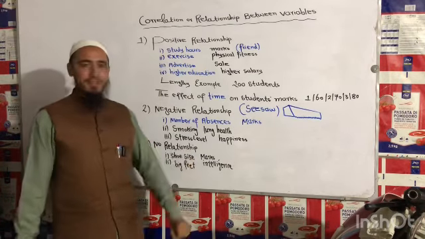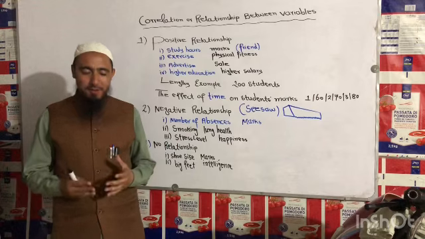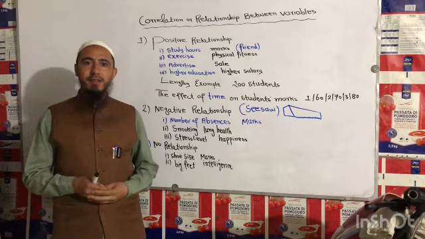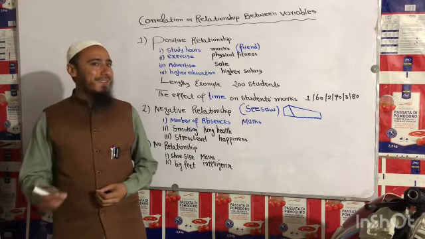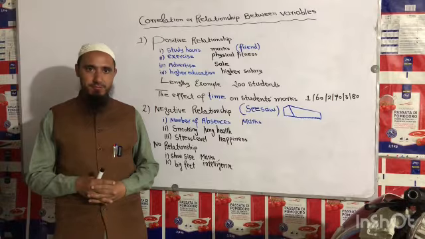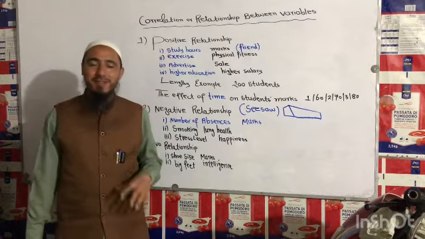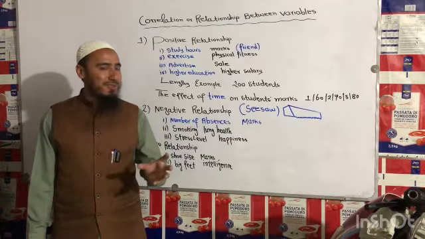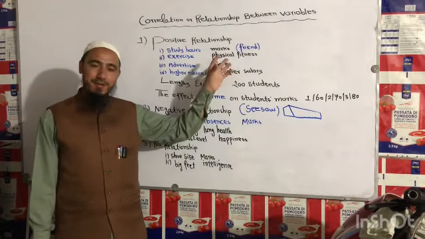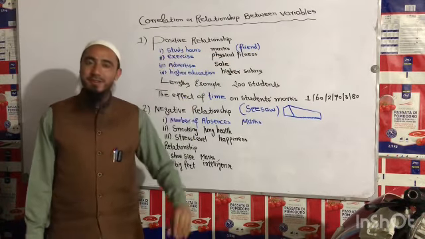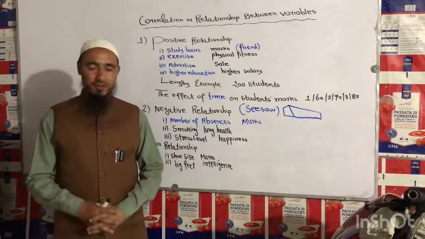Another example is exercise. For example, if a person takes exercise daily and also increases the time of exercise, then as much as he increases the time of exercise, that much his physical fitness will increase.